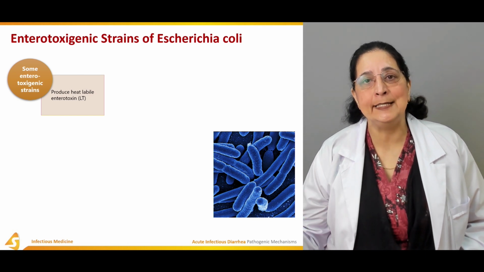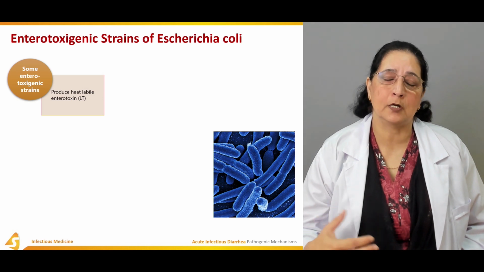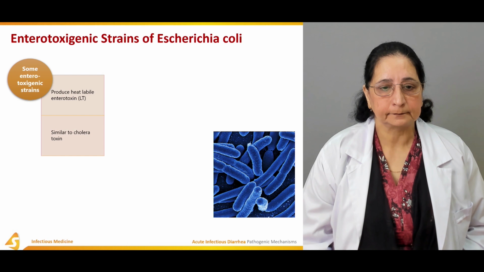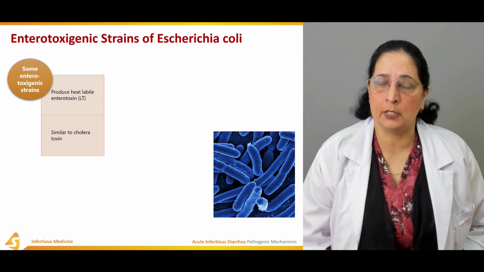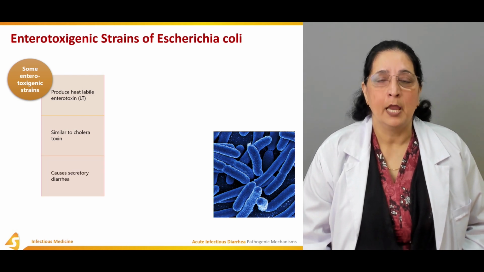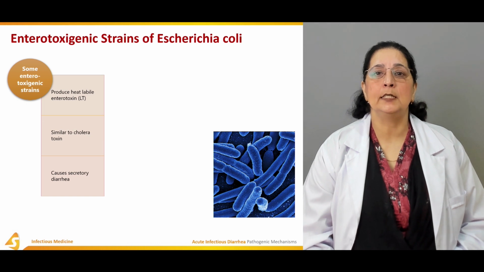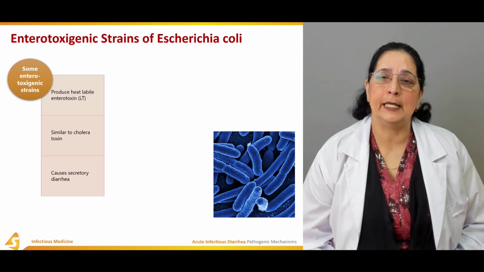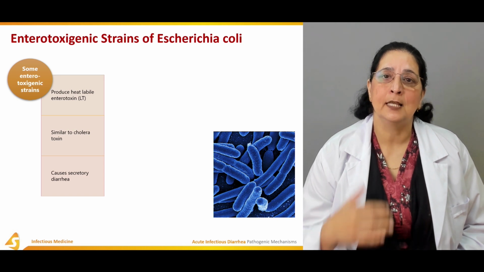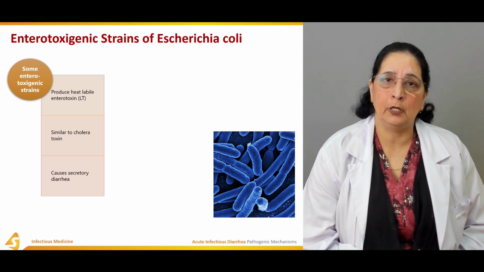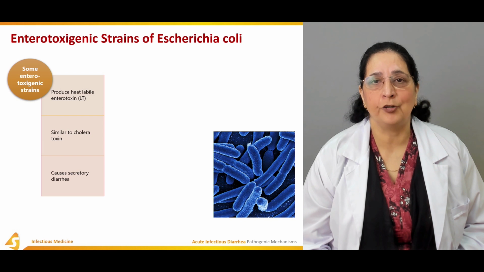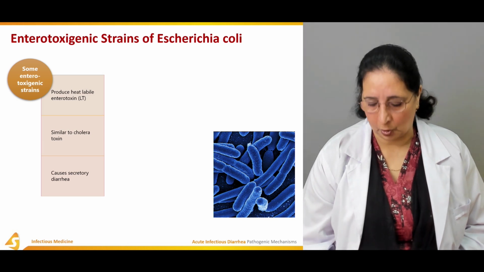Then we have heat stable enterotoxin, which is not affected by the heat. Similarly to cholera toxin, it can cause secretory type of diarrhea. So some enterotoxigenic E. coli strains can have heat labile enterotoxin, and they produce the watery diarrhea like cholera toxin.